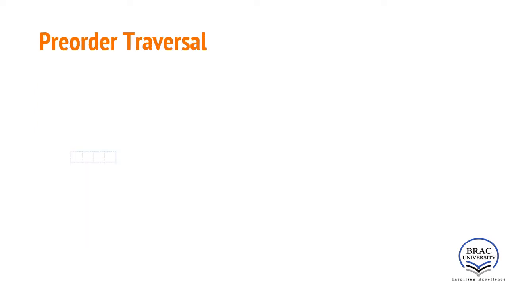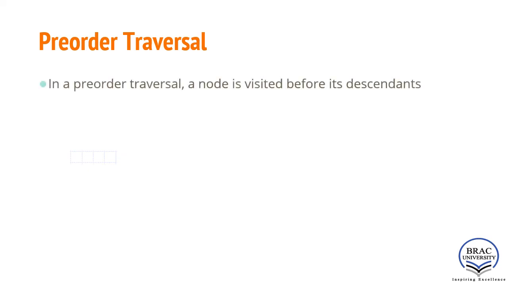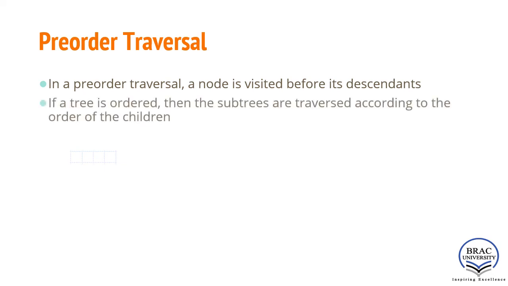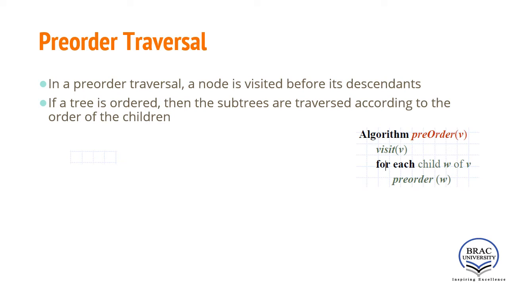In a pre-order traversal, a node is visited before its descendants. If a tree is ordered, then the subtrees are traversed according to the order of the children. So this will be done recursively. So this is the algorithm for pre-order traversal.